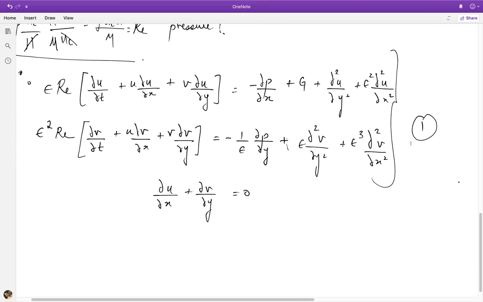So right now, these are still the full two-dimensional Navier-Stokes and continuity equations, but I have scaled them accounting for the fact that I have a disparity in the horizontal and vertical or transverse length scales, and that's represented by the factor epsilon.